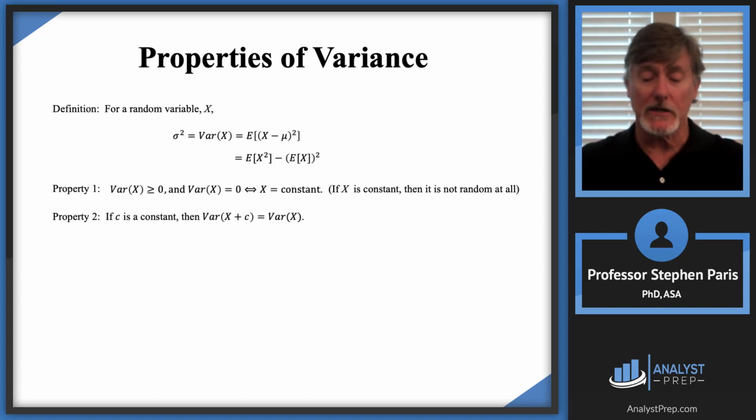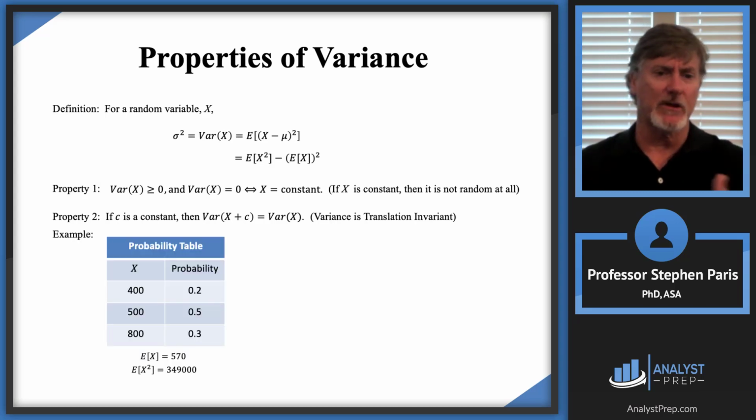The variance, again, is a measure of how spread out the data is. So adding the constant doesn't do anything to the spread of the random variable. And so the variance of X plus c is the same as the variance of the random variable itself. In other words, variance is translation invariant.